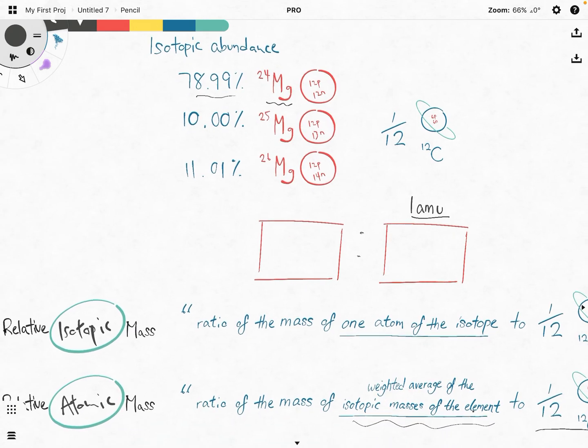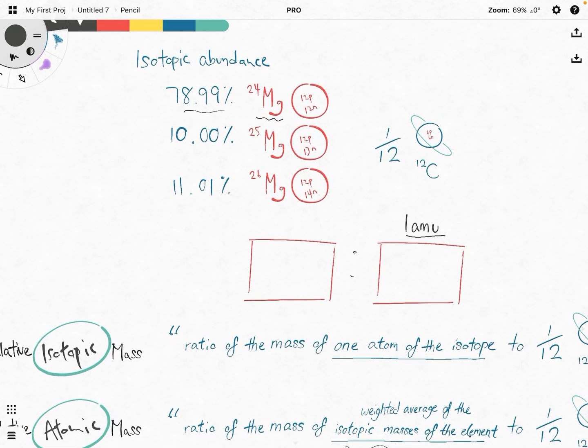So what is the weighted average of the isotopic masses? Okay, we know that the isotopic mass of magnesium-24 is 24 AMU, of 25 is 25 AMU, and then of magnesium-26 is 26 AMU. But what is the weighted average?